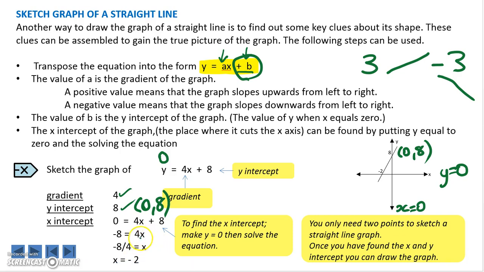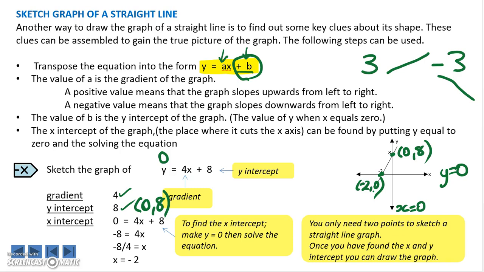Then anything that's multiplied, in this case x is multiplied by 4, we take over next. We're going to divide both sides by 4. And so our answer is x equals -2. And that's where it is there at -2, 0. Once you've got those 2 points, you can draw them in and draw your line through them.